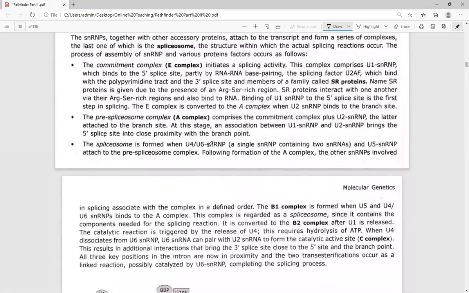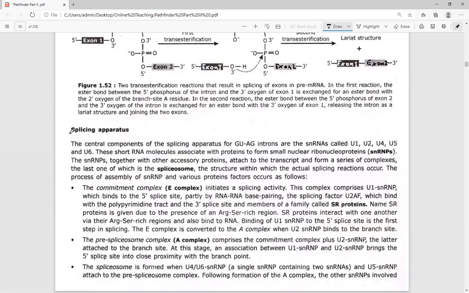Now what we will be talking about is the splicing apparatus, or the spliceosome complex, and how it works. How are GU-AG introns removed with the help of specialized protein and RNA complexes called snRNPs, which are also referred to as small nuclear ribonucleoproteins?